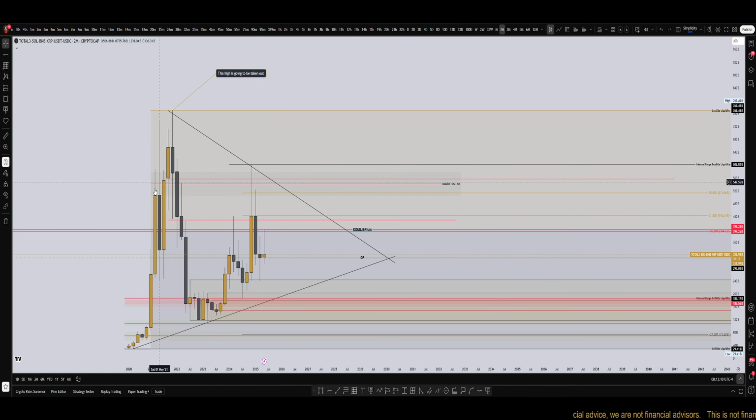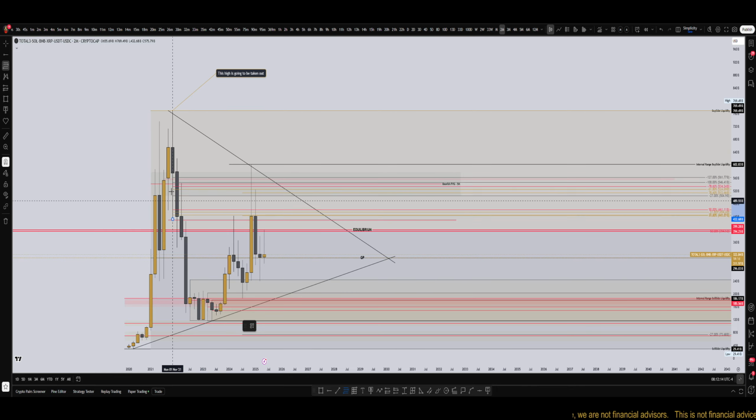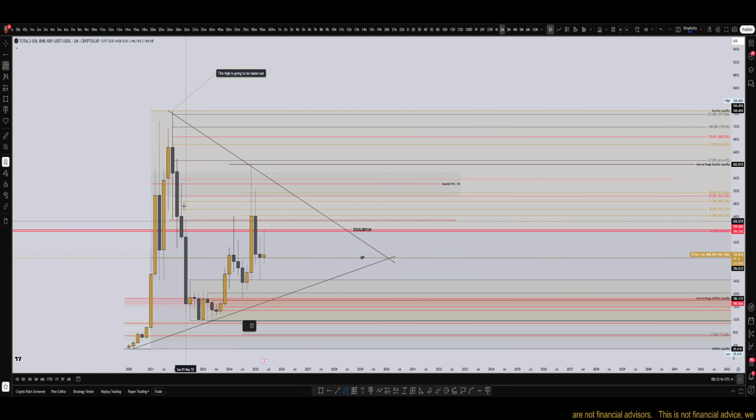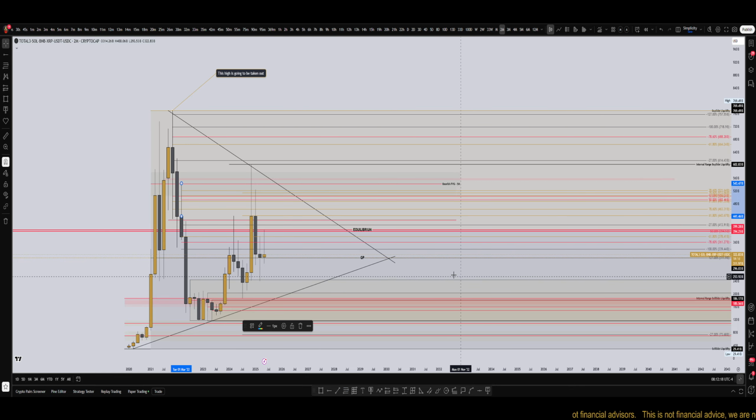There is a hidden bearish fair value gap here. 1, 2. This zone right here is the hidden fair value gap.